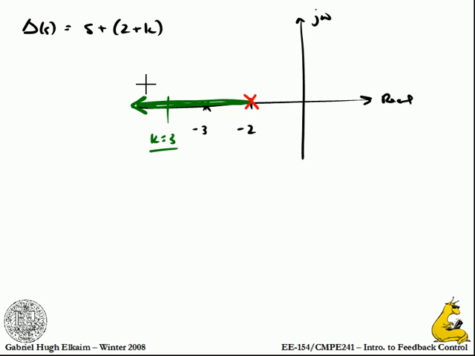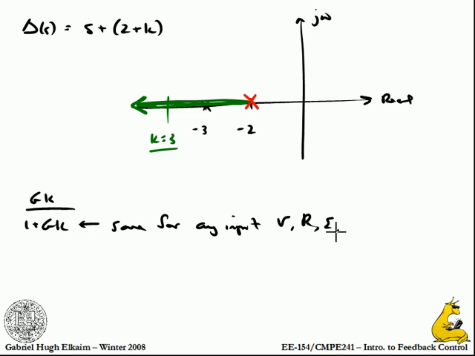The part about this to understand, all right, is that it doesn't matter which input, all right? For any input, I'm going to have GK. This denominator is going to be the same for any input, whether it's noise, reference, error, disturbance, it doesn't matter. Okay?